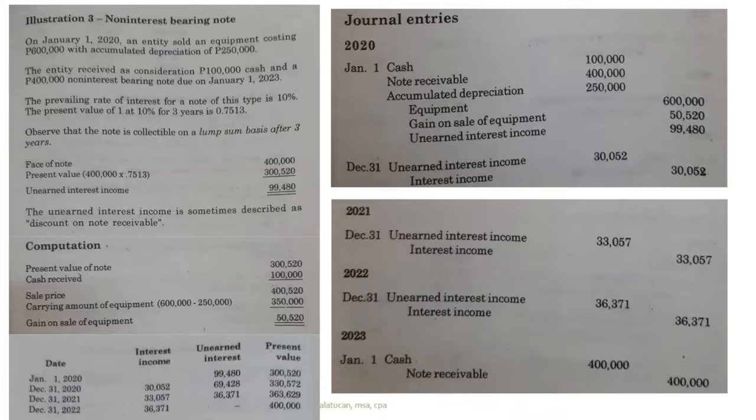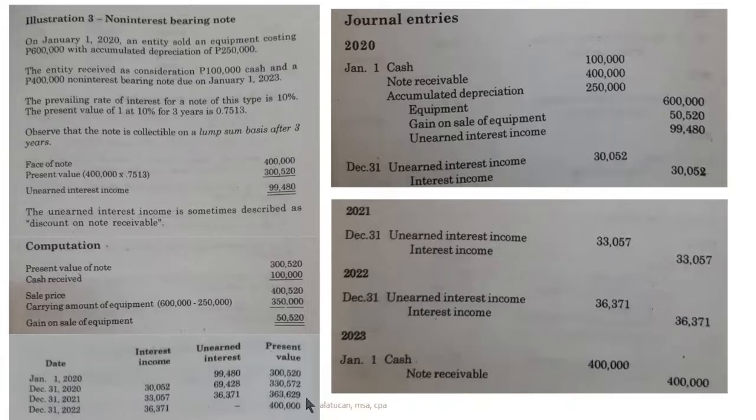So that would be 330,572 plus 33,057. So that's 363,629. Instead of multiplying this one by 10%, ang dapat man magawas kay, di ba, pag i-multiply siya 10%, dapat 36,363. So, dili na maibutang diha.